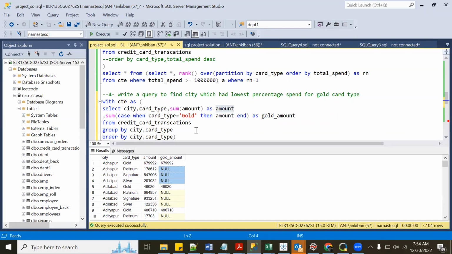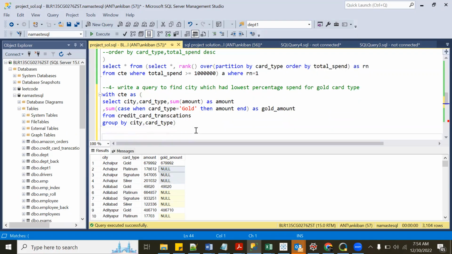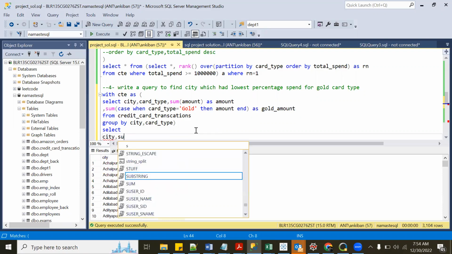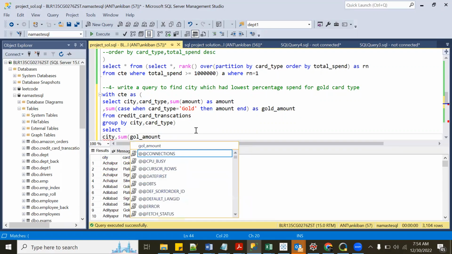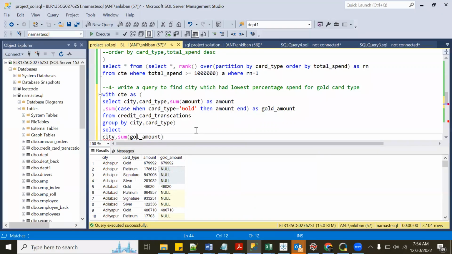Right? So now what can I do? I can just remove the order by, it is not required. Select city, and then I have to find the ratio of total gold amount divided by total amount. So I will say sum of gold underscore amount divided by sum of amount.